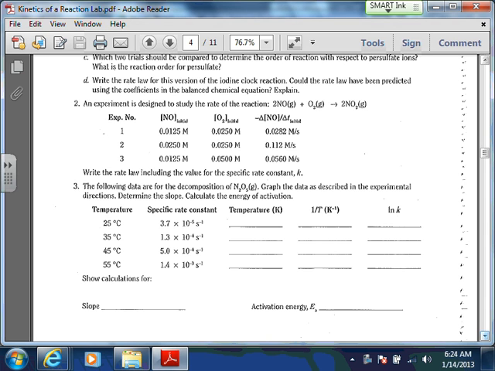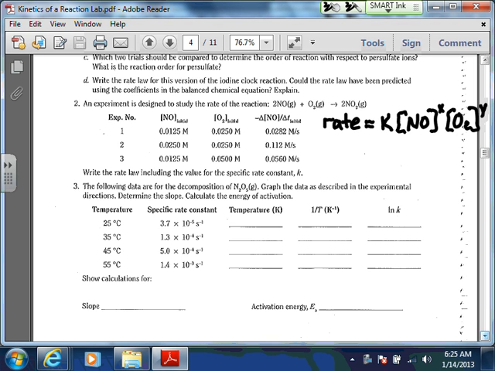So you're just looking at this again, and this time they want you to find the value of K. Once again, we've done this a lot on our AP questions, but basically once you find the order with respect to the two reactants, you're just going to do rate equals K times NO to the whatever power times O2 to the whatever power.